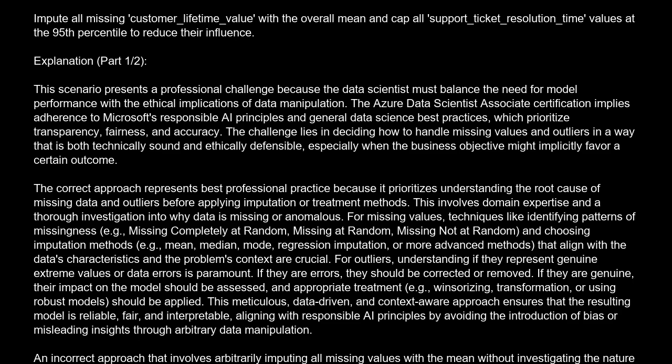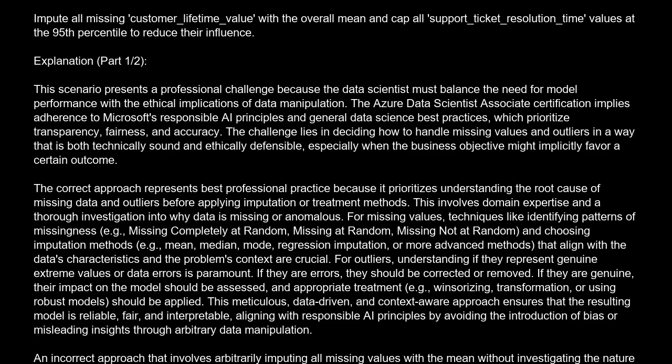The correct approach represents best professional practice because it prioritizes understanding the root cause of missing data and outliers before applying imputation or treatment methods. This involves domain expertise and a thorough investigation into why data is missing or anomalous. For missing values, techniques like identifying patterns of missingness, e.g., missing completely at random, missing not at random, and choosing imputation methods, e.g., mean, median, mode, regression imputation, or more advanced methods that align with the data's characteristics and the problem's context are crucial.